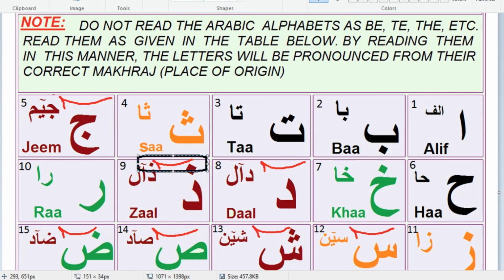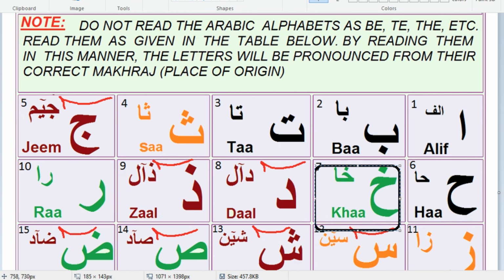This red sign is known as the mud sign. Whenever this sign comes, we will lengthen it for 5 seconds, okay? Don't say it like dal because it will be different. So just say it softly, easily. Read zal, okay?